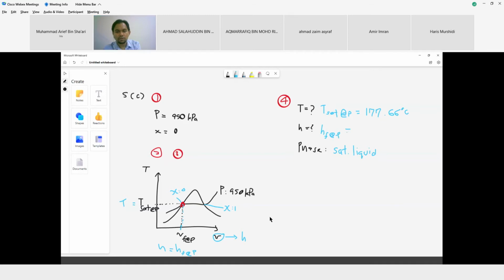Okay. At the same table, A5, and at the same pressure 950, find HF: 752.74 kilojoule per kilogram. Okay, so selesai untuk C.